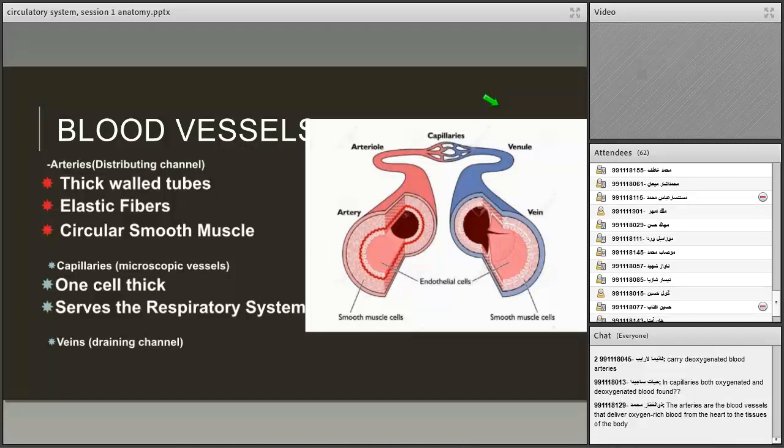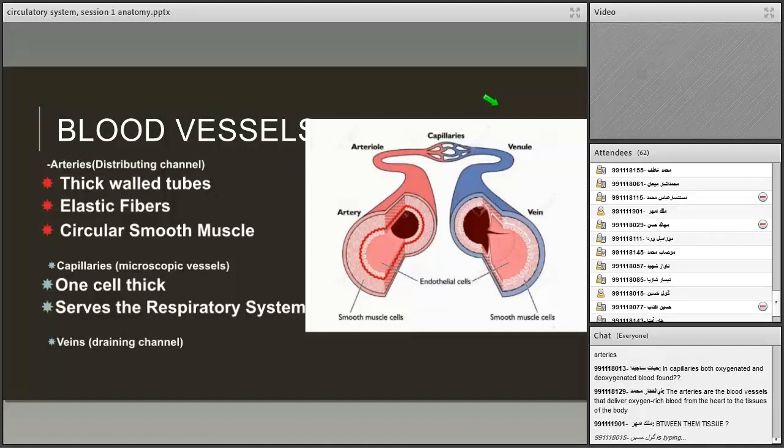In the arterial capillaries we have the oxygenated blood, and in the venous capillaries we have the deoxygenated blood, okay? I said we have two kinds of capillaries, arterial and venous. In arterials we have oxygenated blood, and in veins or venous capillaries we have deoxygenated blood.